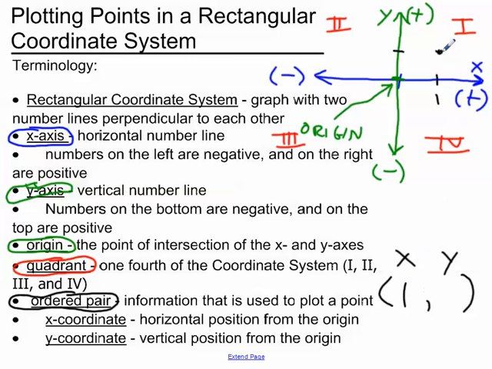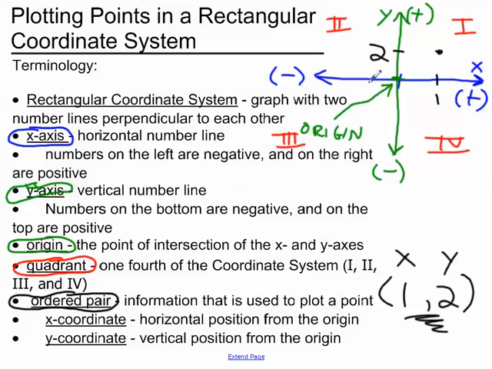The y value, let's say, would be 2. Our scales are not necessarily exactly the same. So if that y point is 2, then that y value comes down here for an ordered pair, and that's exactly what an ordered pair would look like. 1, 2 would correspond to 1 in the x direction and 2 in the y direction.